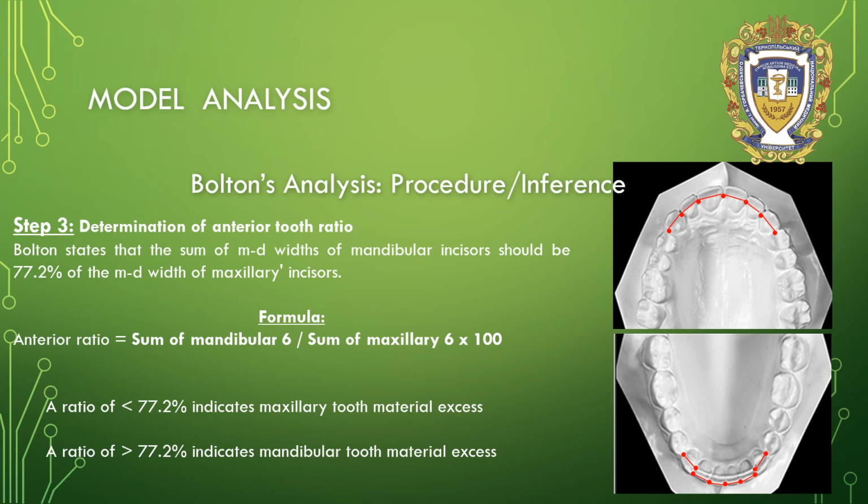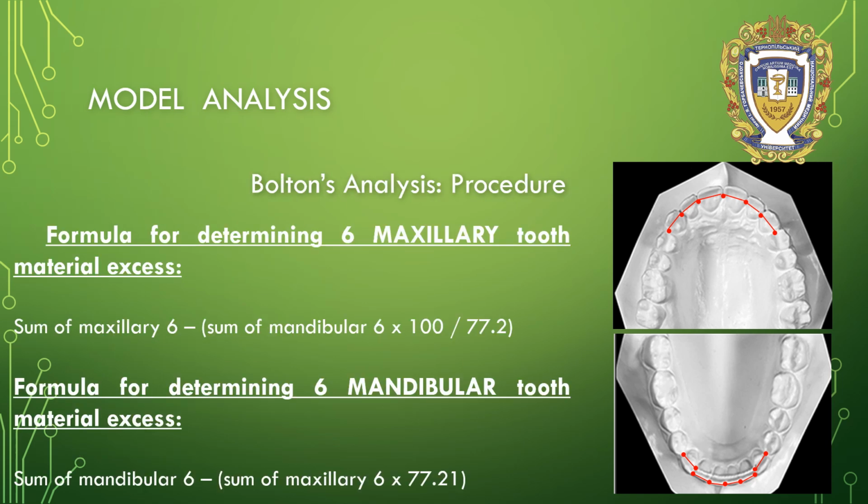And the inference of that result: a ratio of less than 77.2% indicates maxillary tooth material excess, but a ratio of more than 77.2% indicates mandibular tooth material excess. And the formulas for determining 6 maxillary and mandibular tooth material excess are similar.